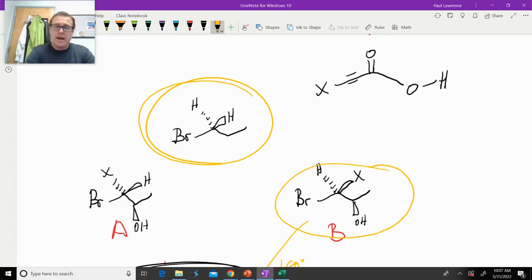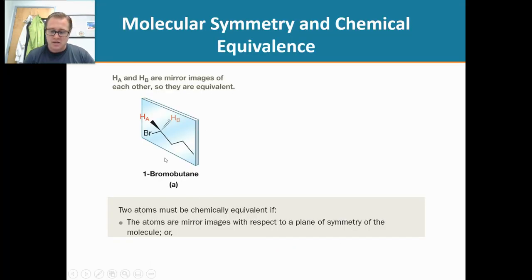It's just the wedge was HA and the dash was HB. Okay. Now if we take that molecule circled in yellow, it's in the plane. If we take it and rotate it 90 degrees and look at it down this angle here, that's what we see on this slide.